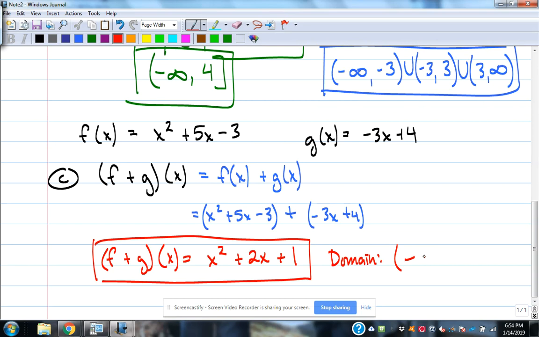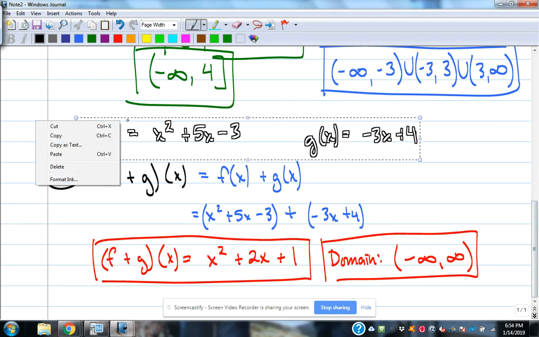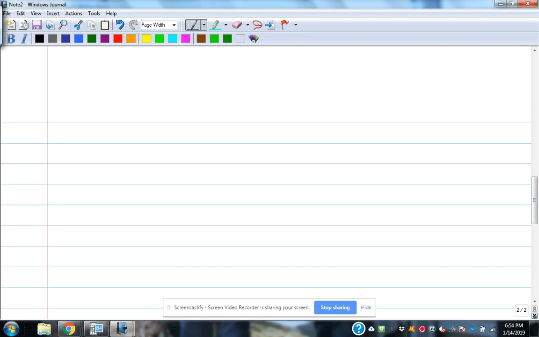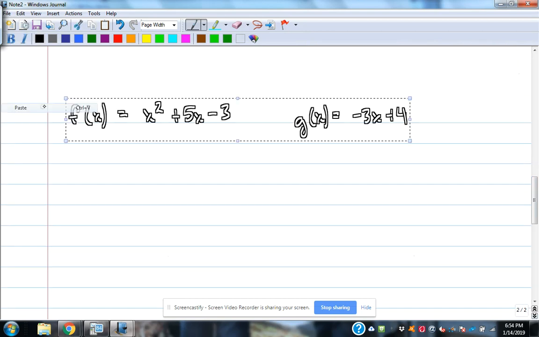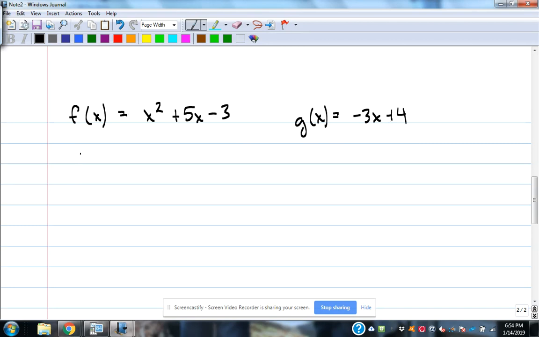Negative infinity to positive infinity, all real numbers. Okay. So that's function addition. Let's do subtraction.